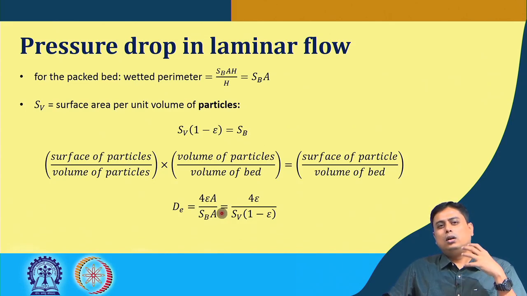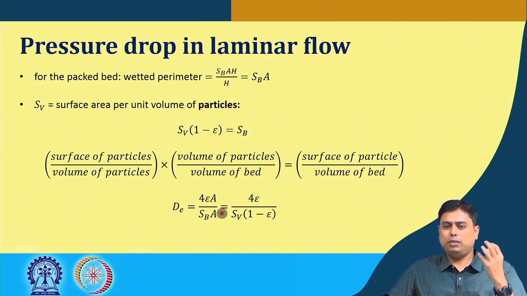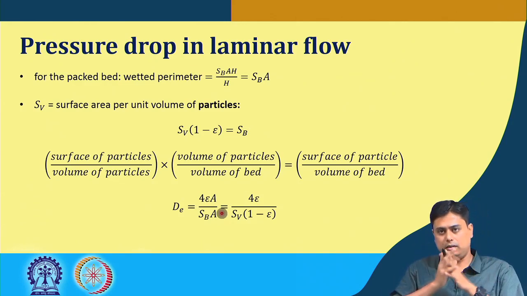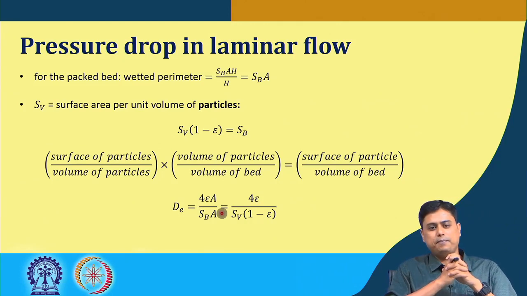So that is why we have converted that, because we are finding a generic expression, irrespective of whatever the particle shape is, so that we can understand how much the pressure drop will be across that bed of different types of particles, whose shapes can be of different types.